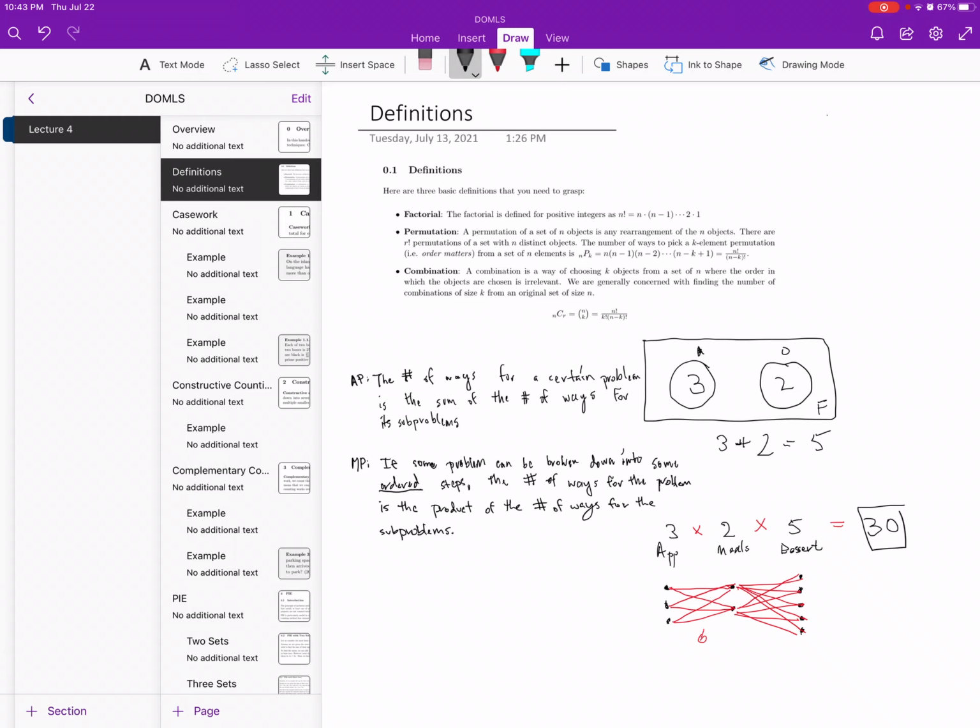So for example, 1 factorial is just 1, 2 factorial is just 2 times 1, which is 2, 3 factorial is 3 times 2 times 1, which is 6, 4 factorial is 4 times 3 times 2 times 1, and we can also remember that this is 4 times 3 factorial, and 3 factorial is 6, so 4 times 6, which is 24. 5 factorial is 5 times 24, which is 120, and so on.